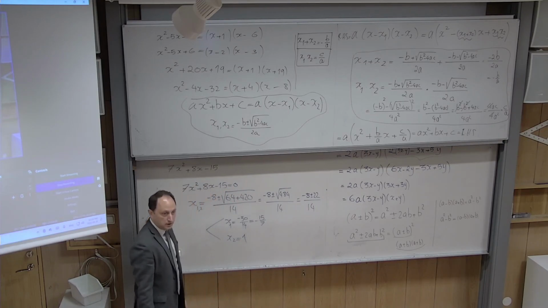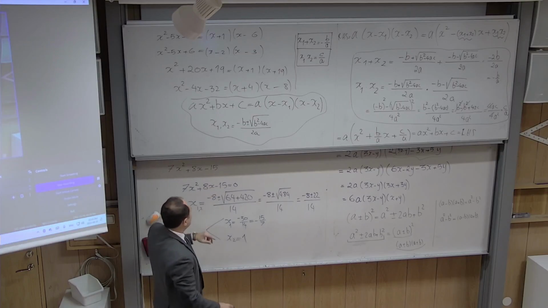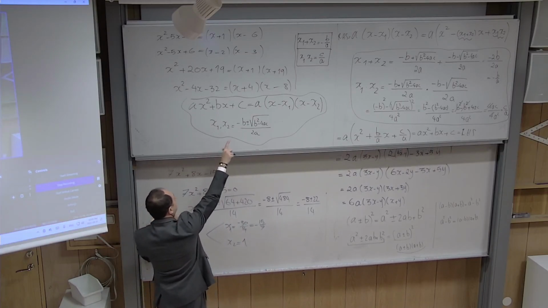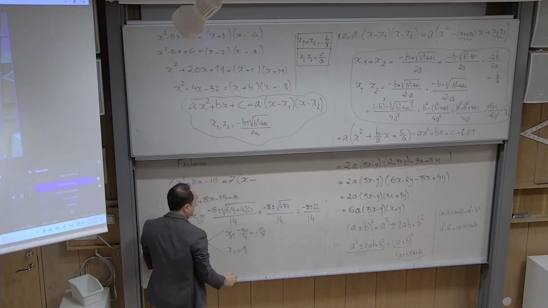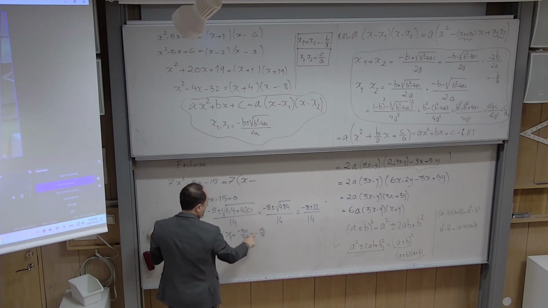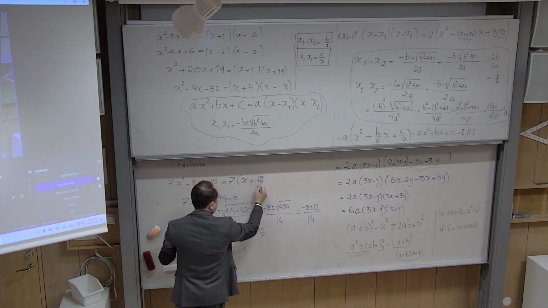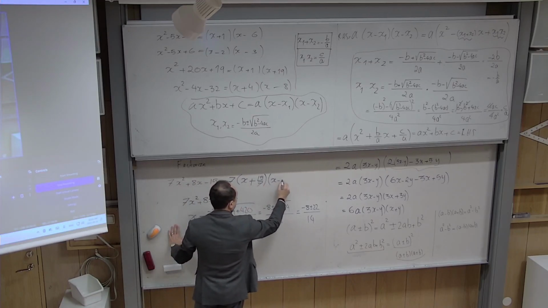Okay, and then I put everything in the formula. So this expression is equal to a, which is 7, multiplied by x minus x1, which is minus 15 over 7, which becomes positive 15 over 7. And then I have x minus x2, which is x minus 1.